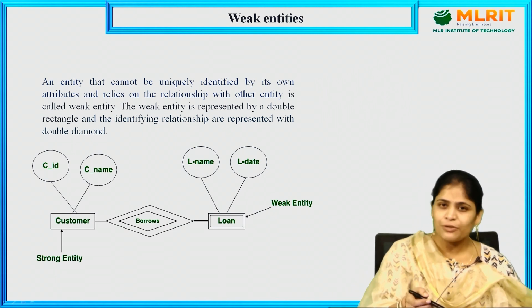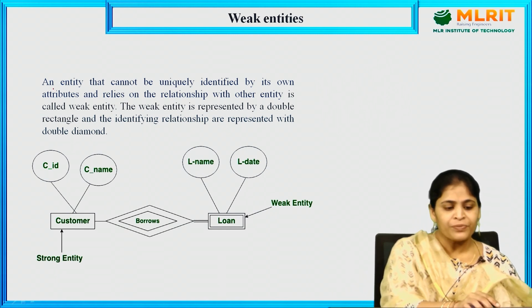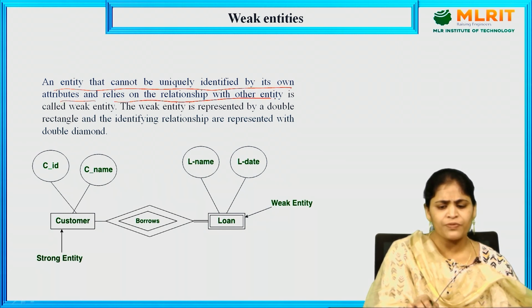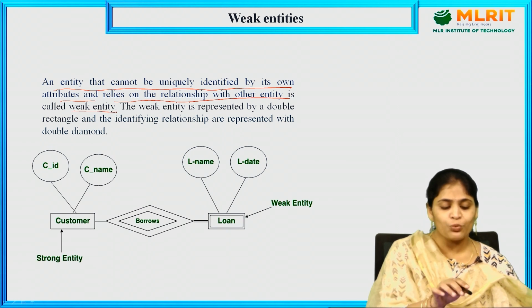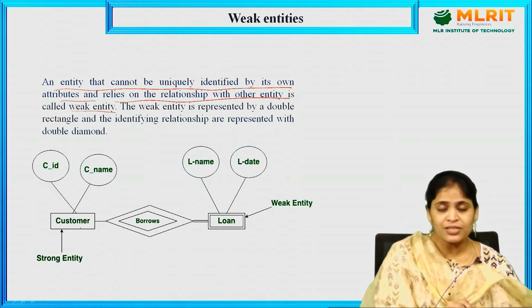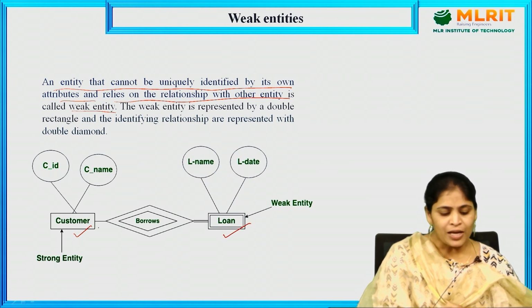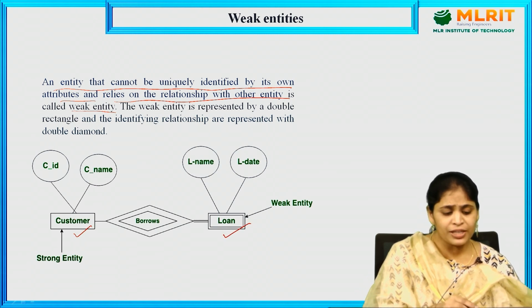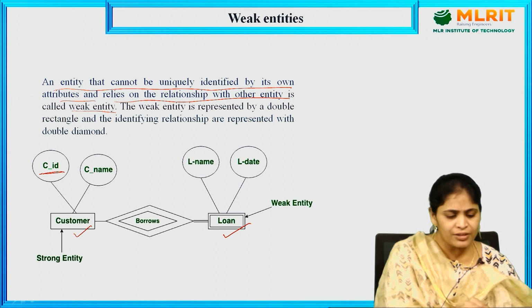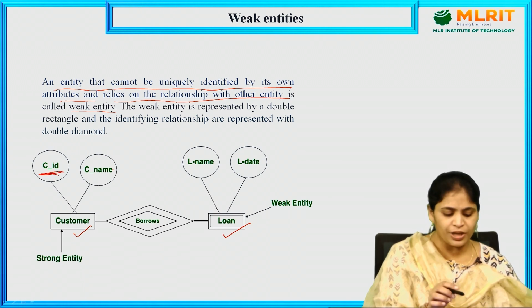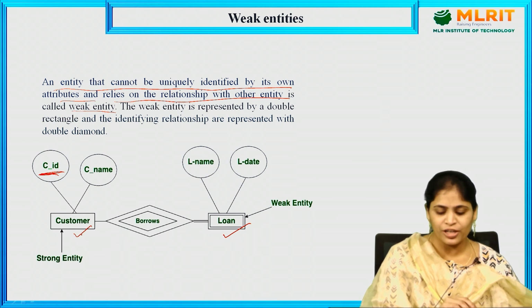So let us deal with an example. An entity that cannot be uniquely identified by its own attributes and relies on a relationship with another entity is called a weak entity. Let us take two entities. Customer is an entity, loan is another entity. Customer can be uniquely defined because customer ID can be considered a primary key, and customer name. That's why it is called a strong entity.